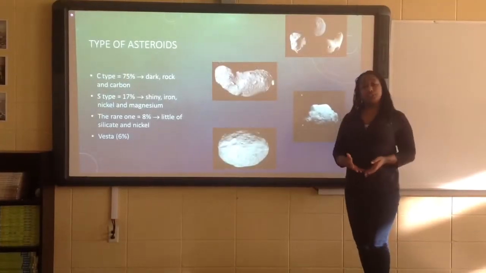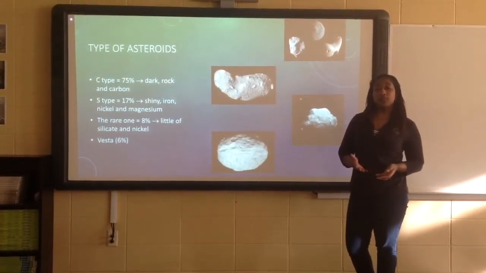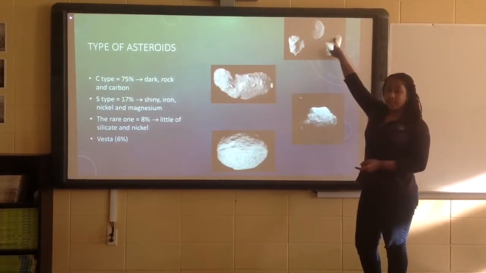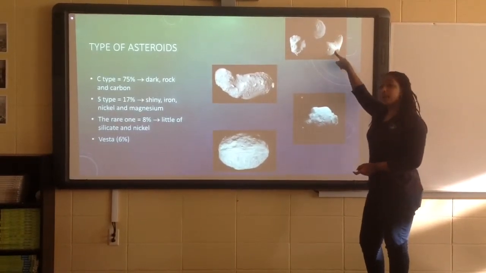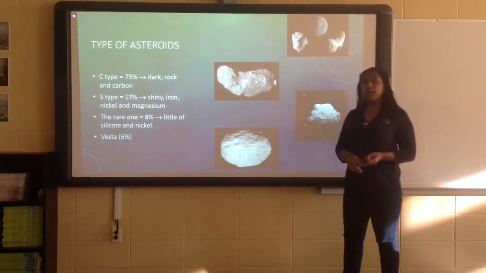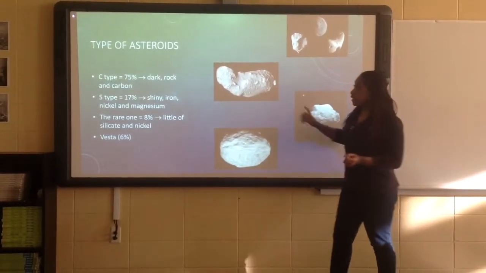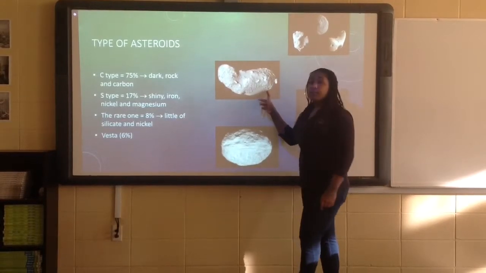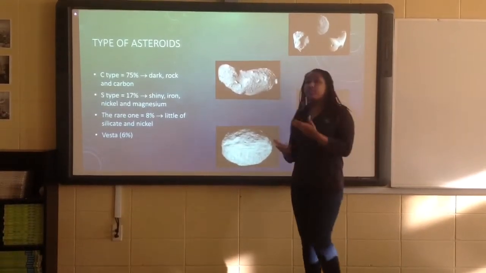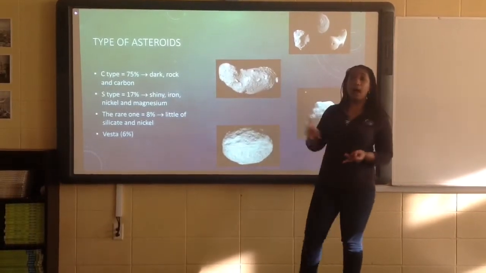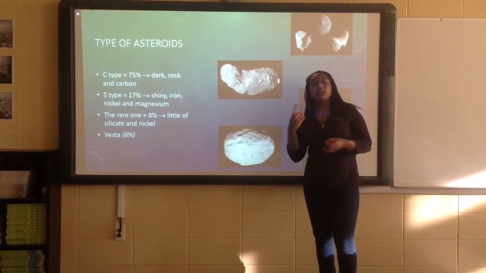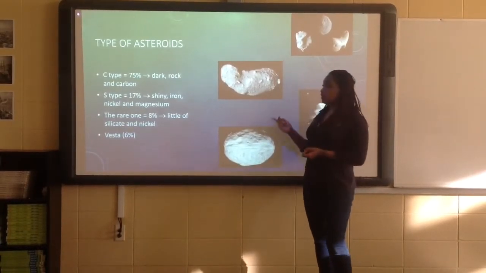Due to their composition, scientists have regrouped asteroids into three categories. The first one is named the C-type, which represents 75% of them. They're really dark and they're composed of rock and carbon. The second one is the S-type, which represents 17% of them, and they're relatively shiny and composed of iron, nickel, and a mix of iron, silicate, and magnesium.